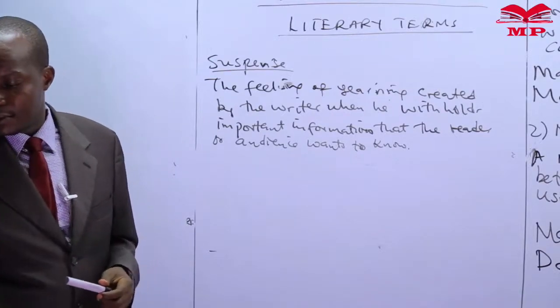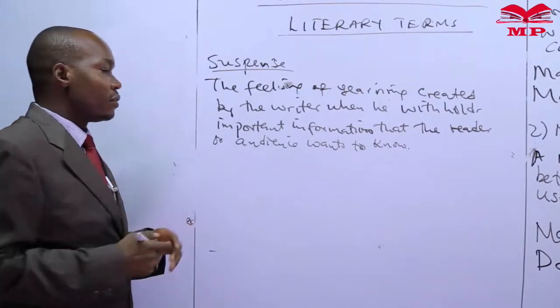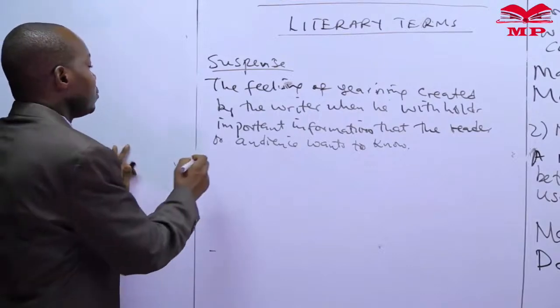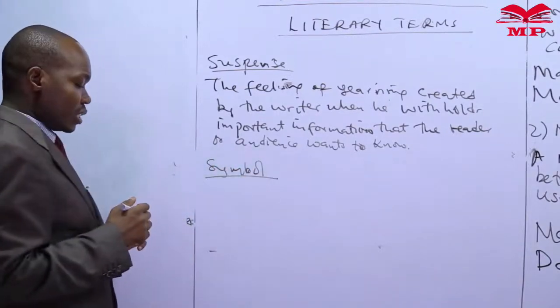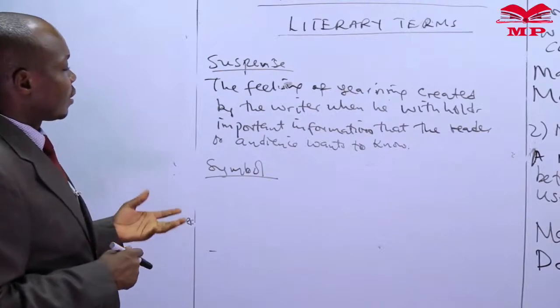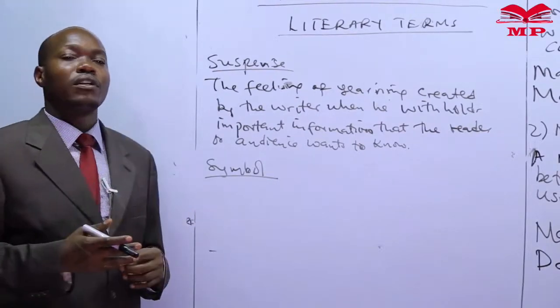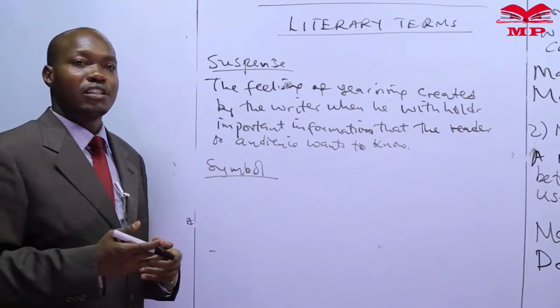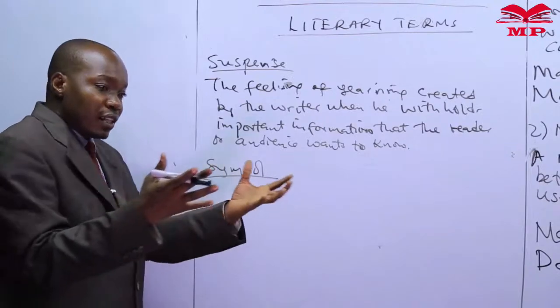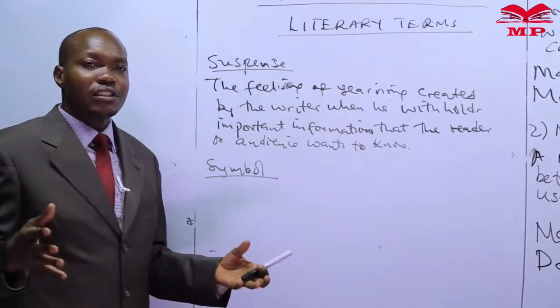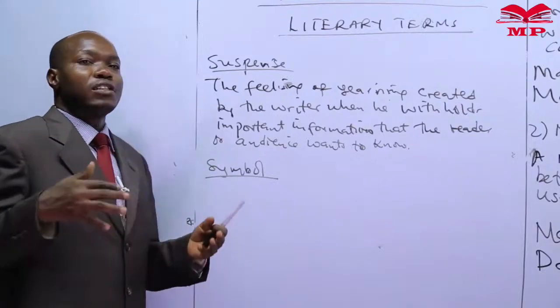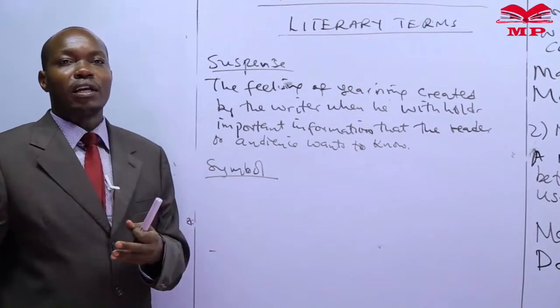The last feature that we can look at is called symbol. Now, a symbol can be something physical that means something else. It can be either somebody or something physical, tangible, that stands for something else.